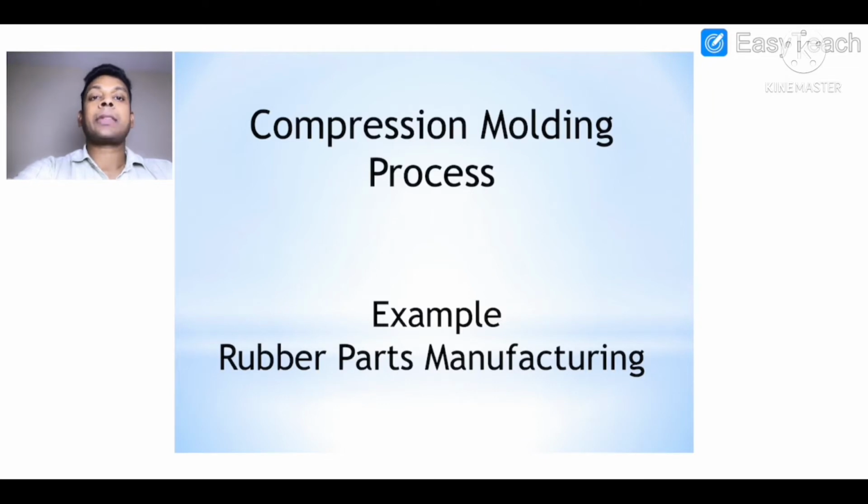We have already discussed plastic parts in the injection molding session, so I thought today's topic will be the rubber manufacturing process. The example will be rubber manufacturing, but the machine will be compression molding. So let's see.